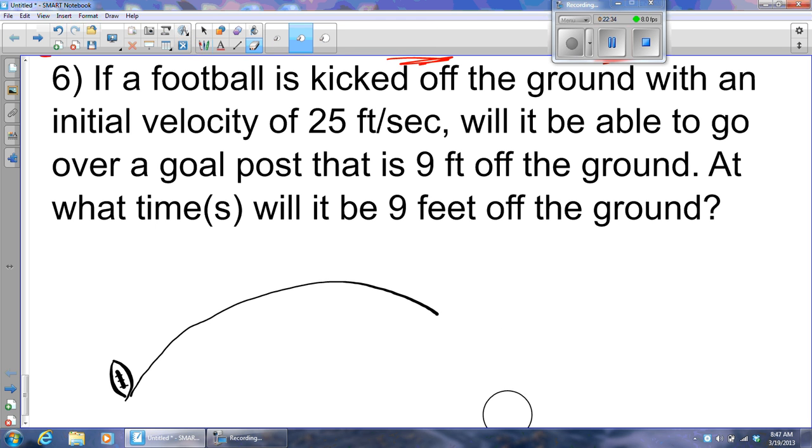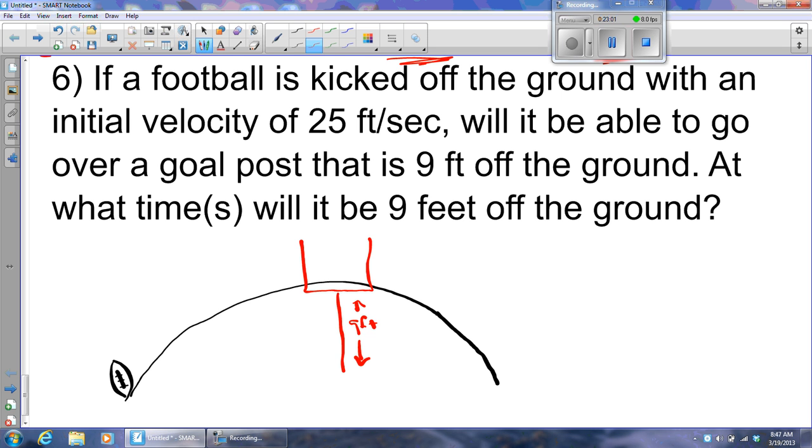There it is. So I need my goalpost in here, 9 feet off the ground.